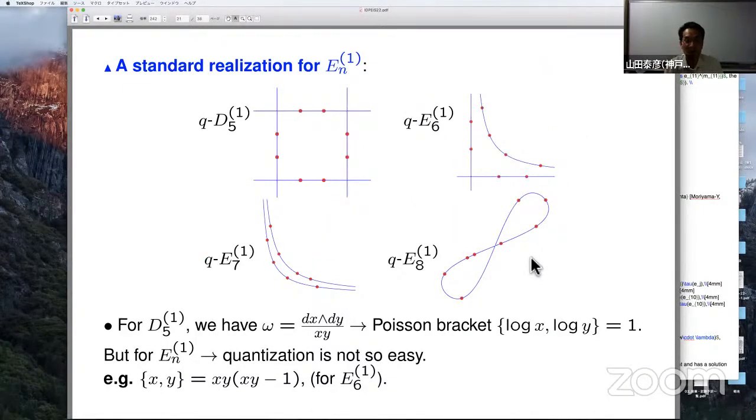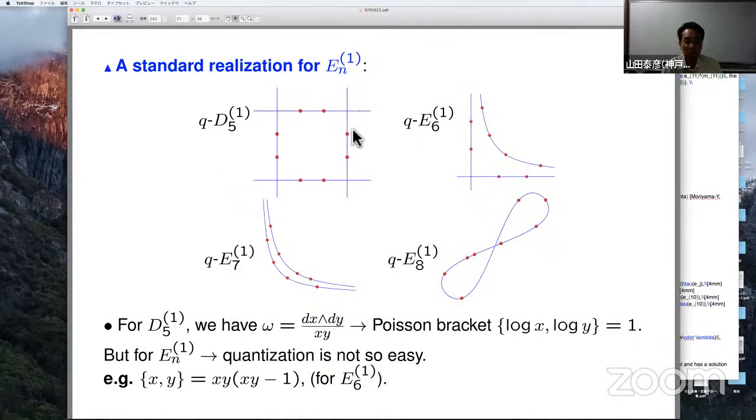And we want to generalize such a construction for E6, E7, and E8 cases. The previous example corresponds to this configuration.